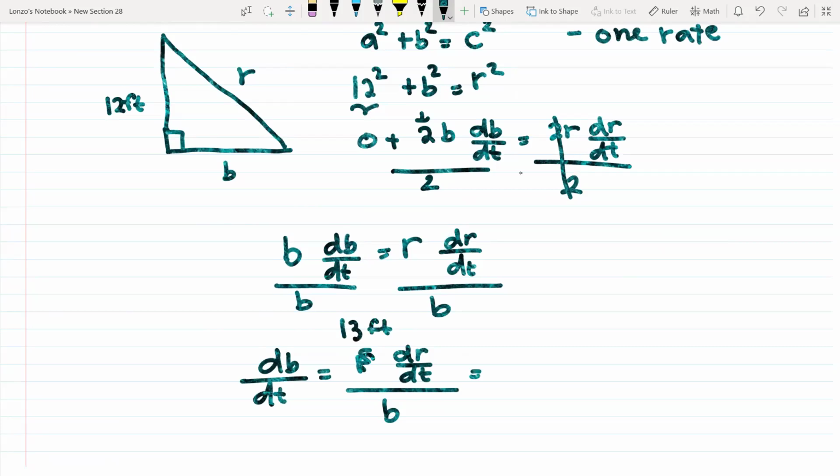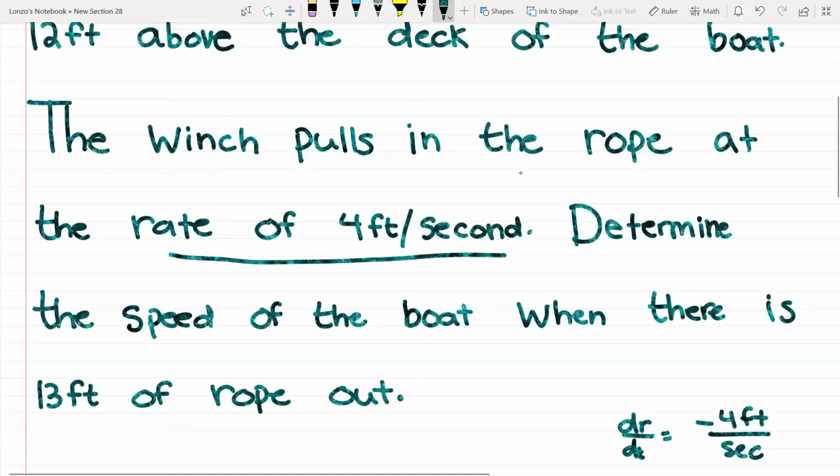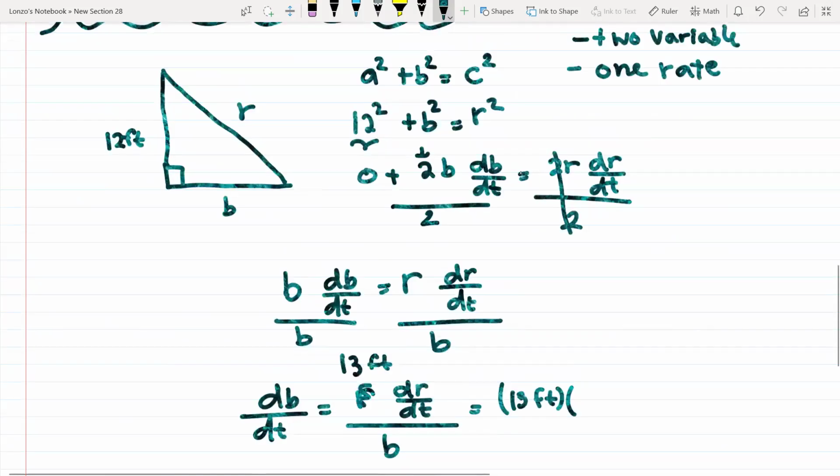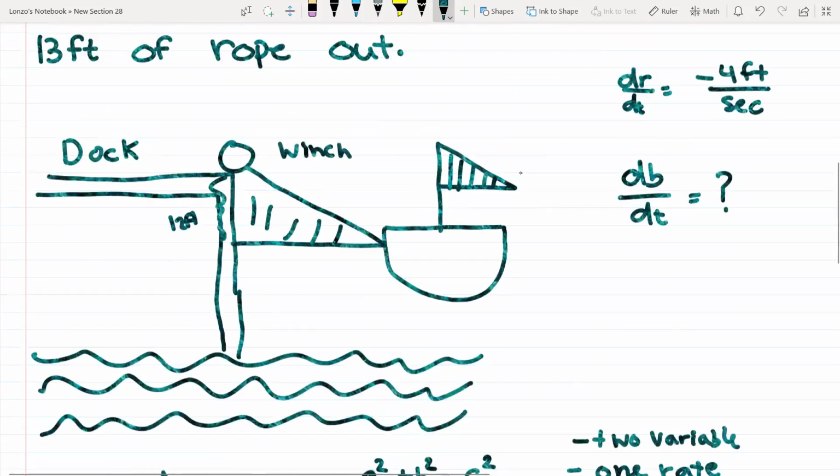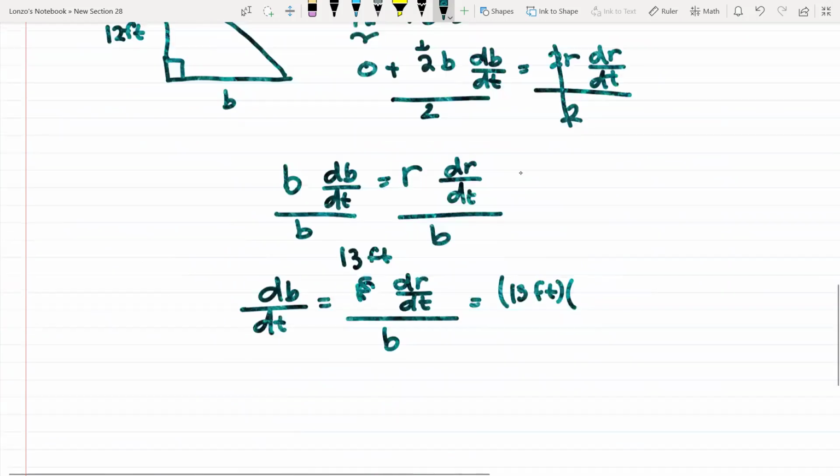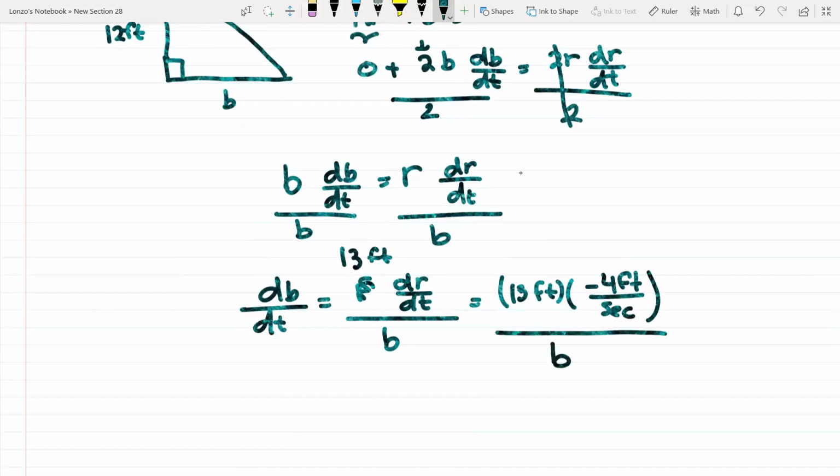So 13 feet times dr/dt. dr/dt, we said, was -4 feet per second because we're pulling it in, so eventually it's going to stop. That's why it's negative. So it's going to be -4 feet per second, and then all over b.